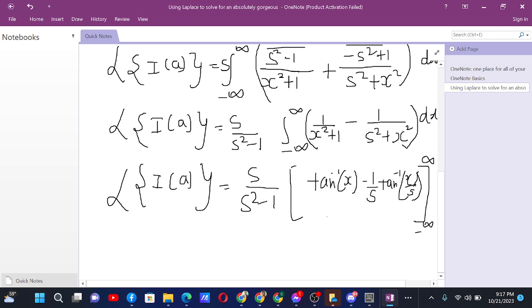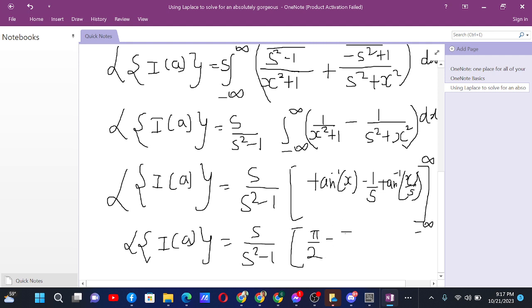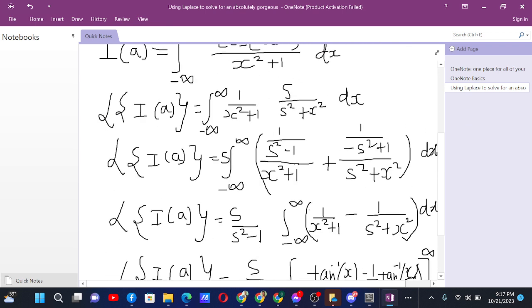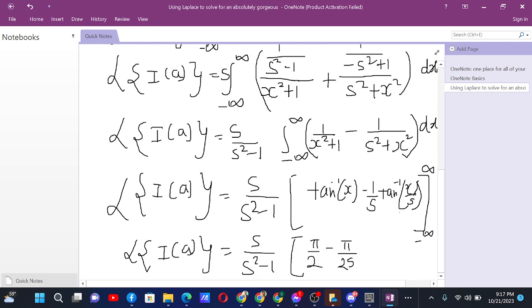And now if we evaluate these at the limits that we require, we have the Laplace transform of I of a as s by s square minus 1, and then this will be pi by 2 minus pi by 2s at the upper limit, and then at negative infinity, basically, tan inverse will be negative pi by 2, so that should be plus pi by 2.